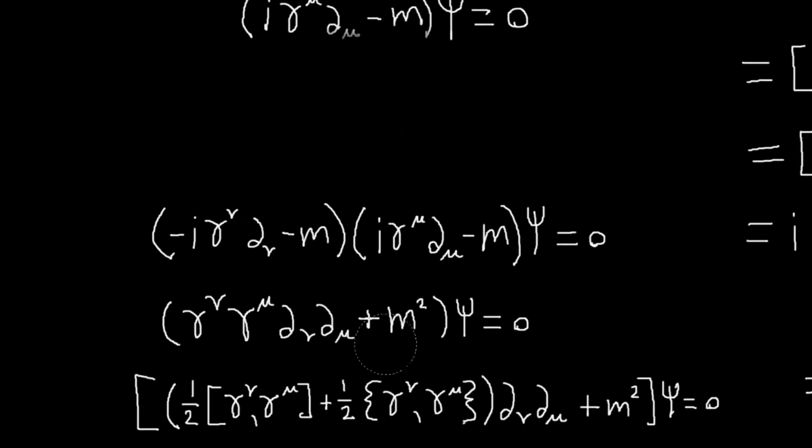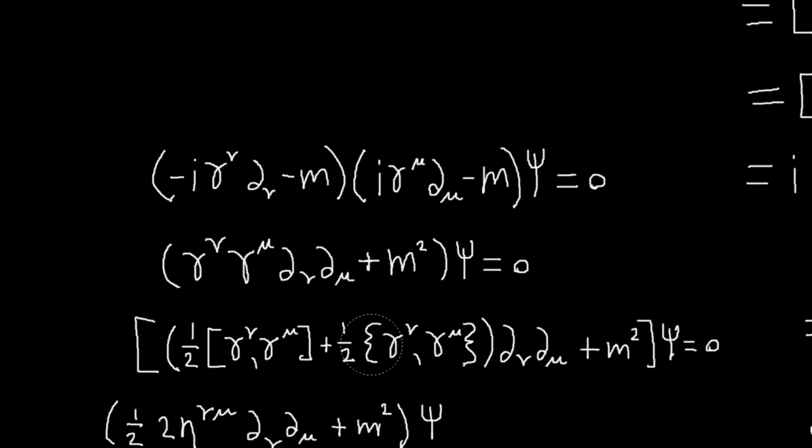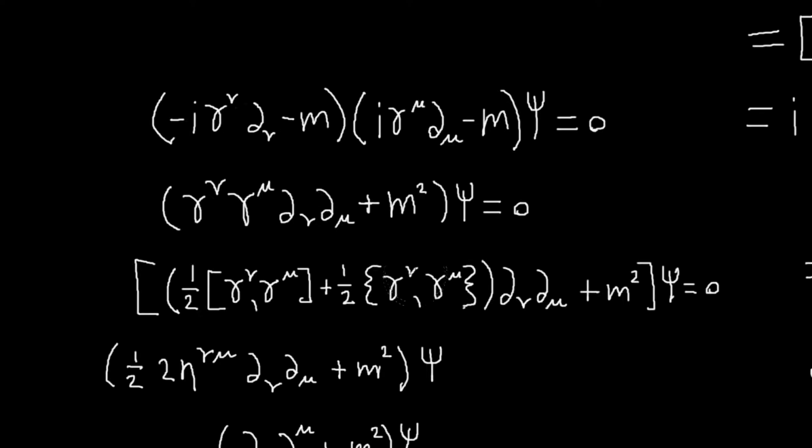This partial derivative is symmetric in mu and nu, and this commutator is antisymmetric in mu and nu. So basically, this term will go away. I'll just be left with this anti-commutator term, and we already said that these gamma matrices satisfy this anti-commutation relation, 2 eta mu nu in this case.